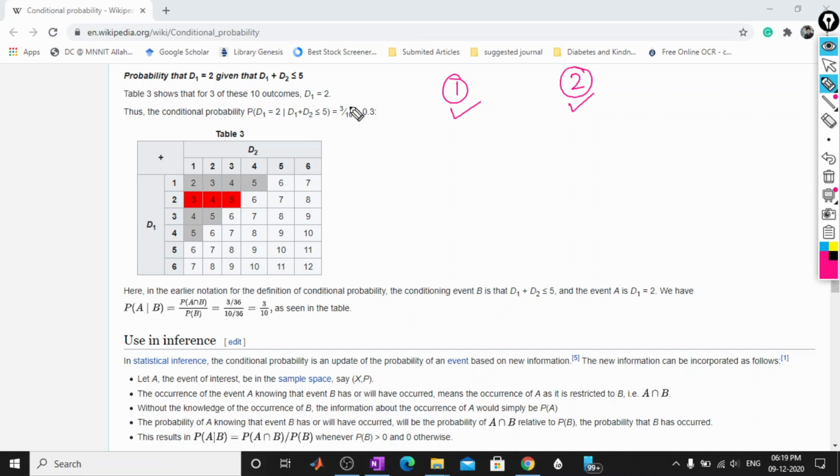This means we are already given the first condition.